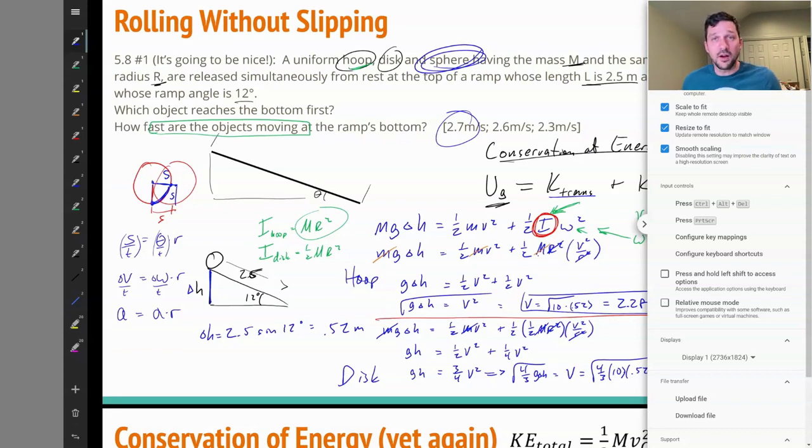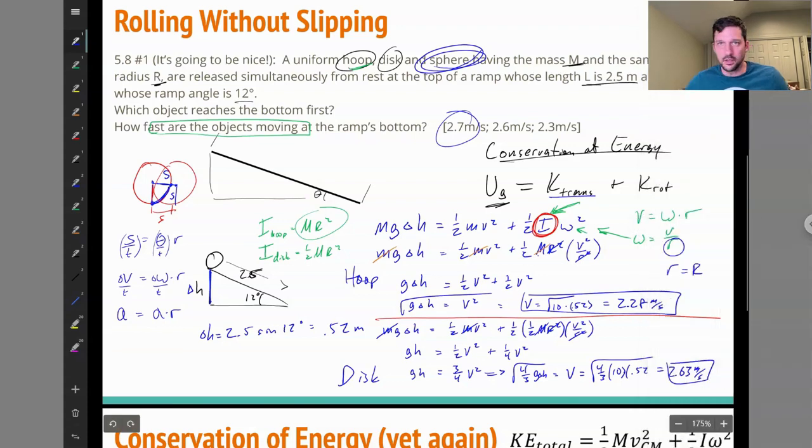So we can find a linear velocity as things roll, because as a thing rolls, some of its energy has to be committed to linear motion, but some of that energy has to be committed to spinning the thing.